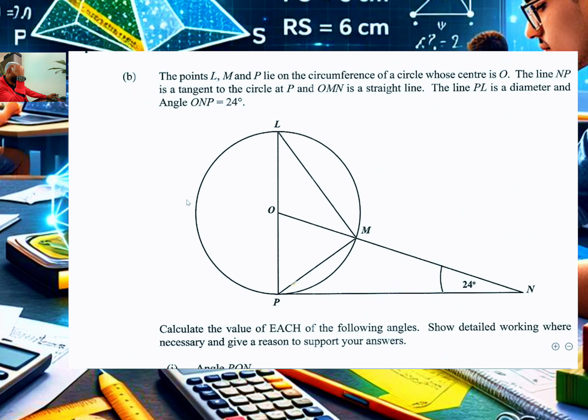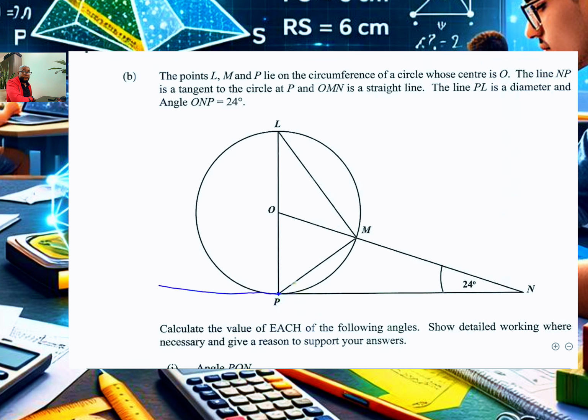The points L, M, and P lie on the circumference of a circle whose center is O, right? So you have L, M, P, all of them on the circumference of this circle. They said line N to P is a tangent. So this line, even though they stop it there, actually extends all out here. It's a tangent to the circle at P. It means the only spot that this tangent will touch this circle would be at P here.